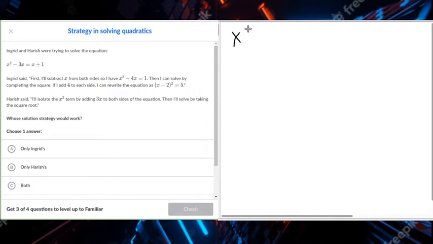So first we have x squared minus 3x is equal to x plus 1. And Ingrid said she'll subtract x from both sides. And she'll end up with x squared minus 4x is equal to 1. And then she's going to complete the square. So we're going to take half of negative 4 and square that.